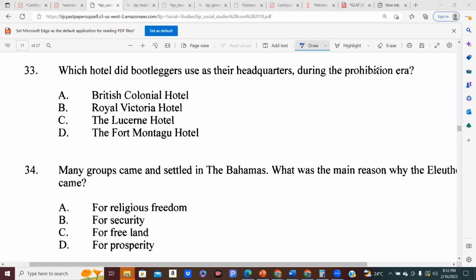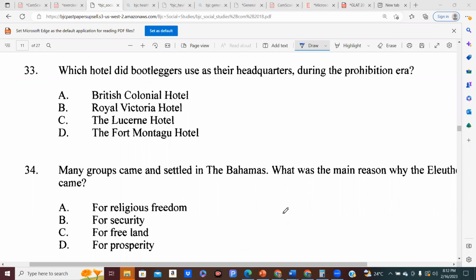All right, Alexander, can you read number 33, please? Which hotel did bootleggers use as their headquarters during the prohibition era?